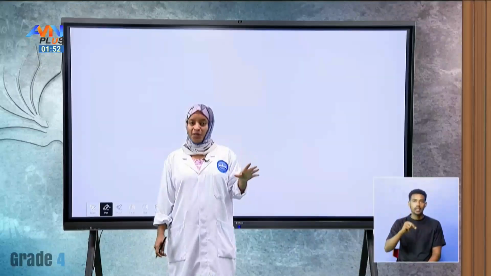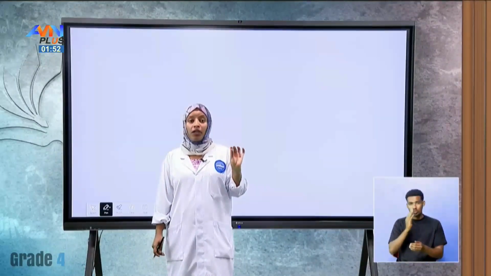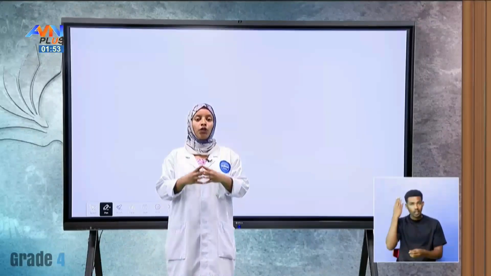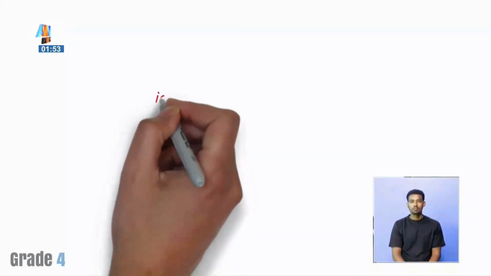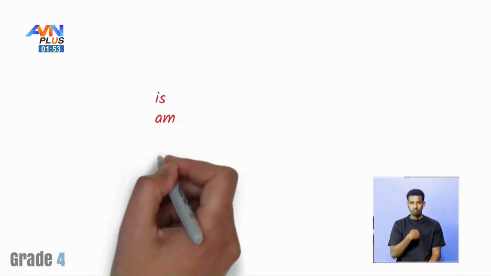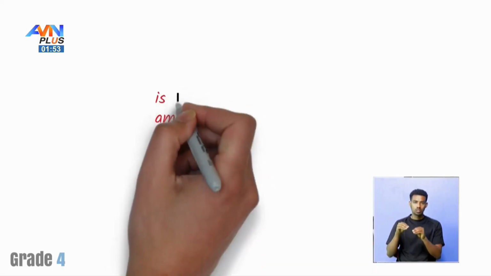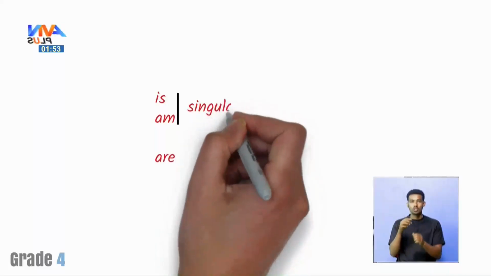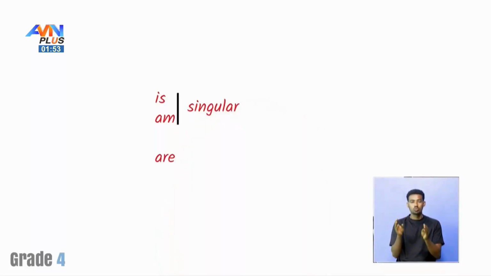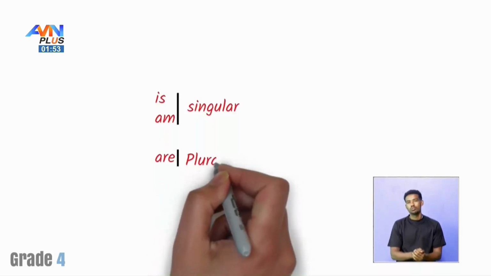But students, don't forget to be careful when you are using verb to be, like is, am, and are. You use are for plural.